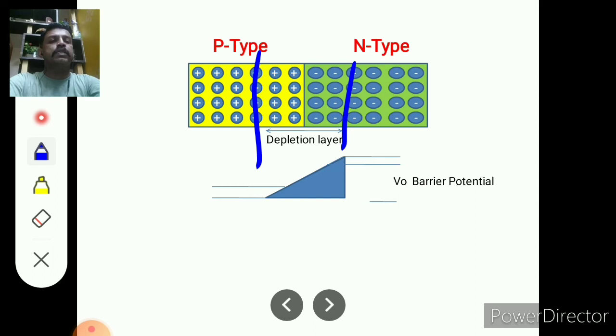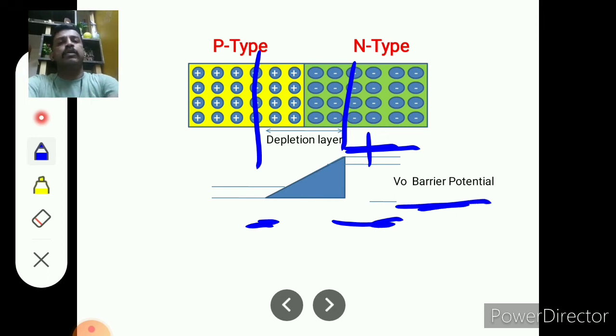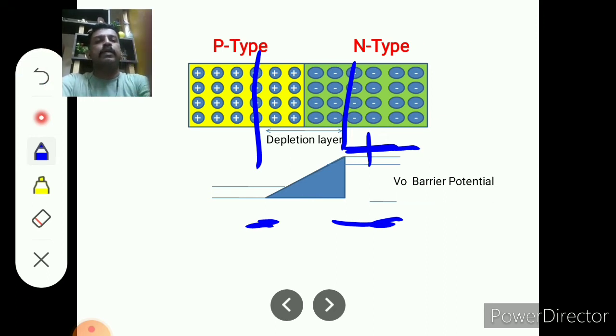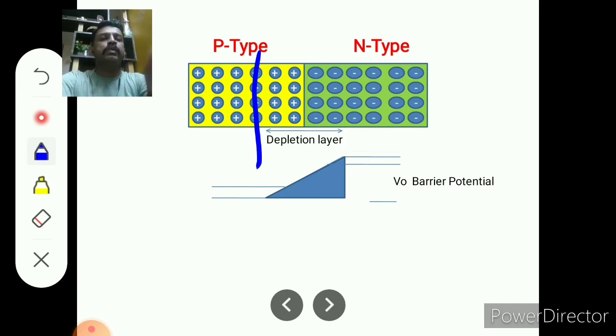This region is known as the depletion region. Here the holes, positive charge carriers, are there, and here the electrons are there. The difference between this higher level and lower level is known as the potential barrier. So in this way, the potential barrier may be formed in the case of a p-n junction diode.